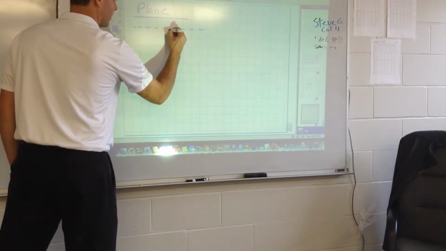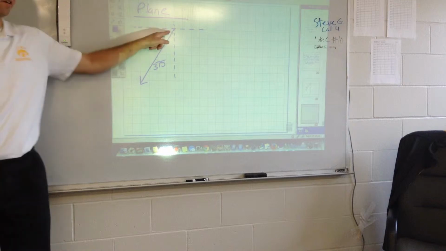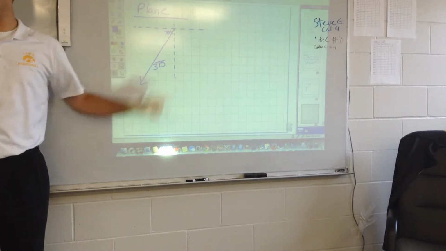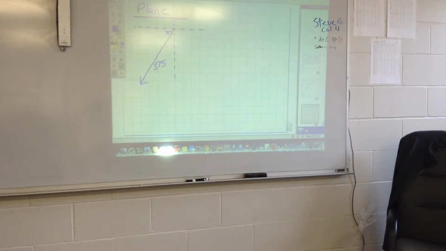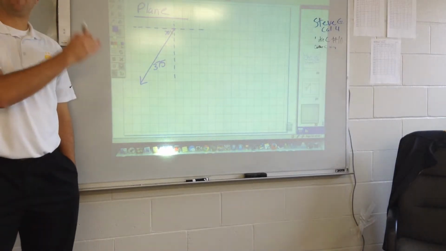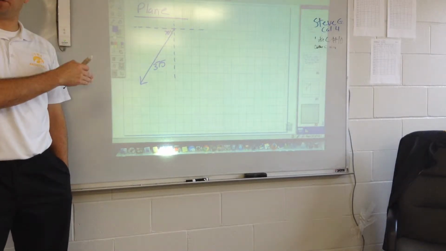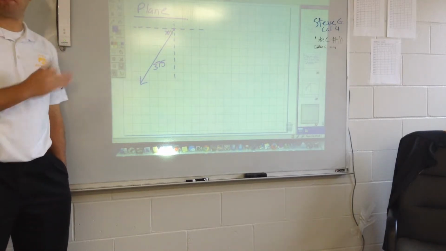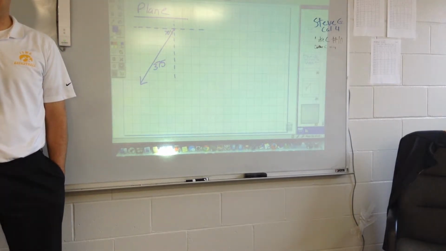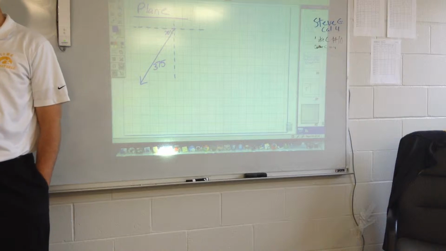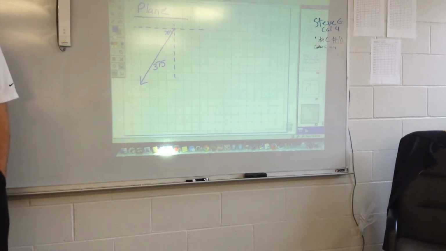And this would be a 70-degree angle right here, correct? 180 plus 70 makes our 250. Okay. I'm going to find the horizontal and vertical components of the airplane. I'm going to find the x and the y values of the airplane vector.